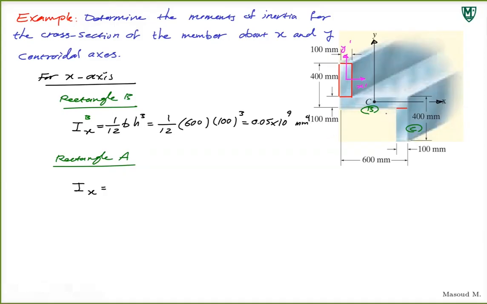We want to find Ix. This is going to be dy. As you can see, I need parallel axis theorem because X prime, Y prime, or axis passing through the centroid are not the same axis that I have for my composite area.